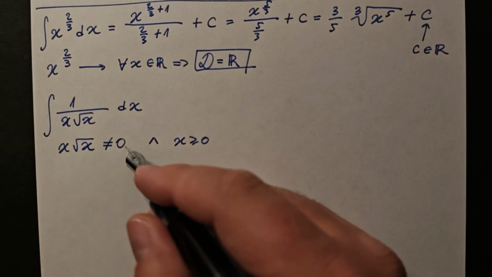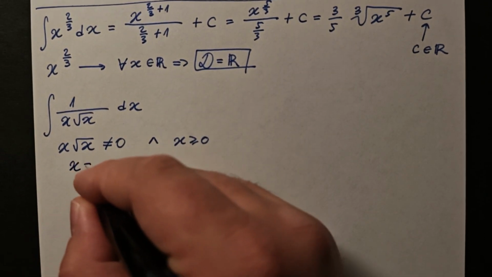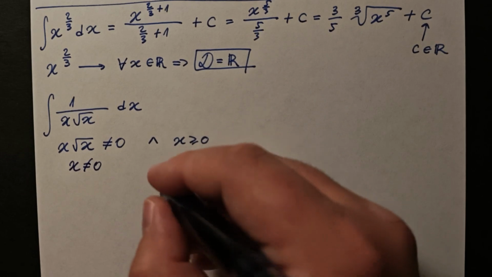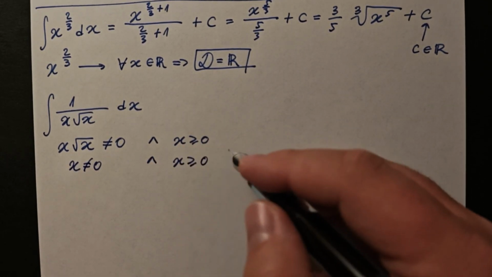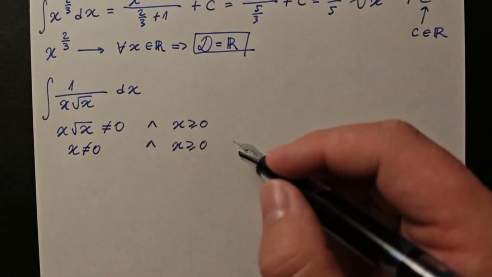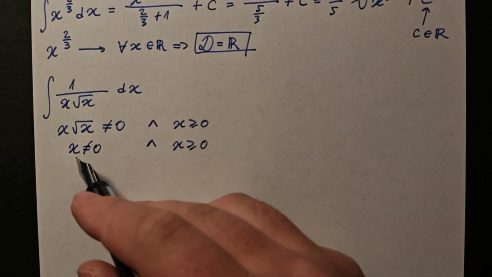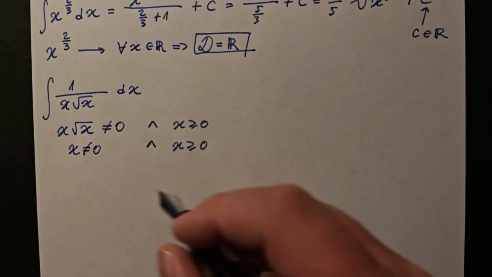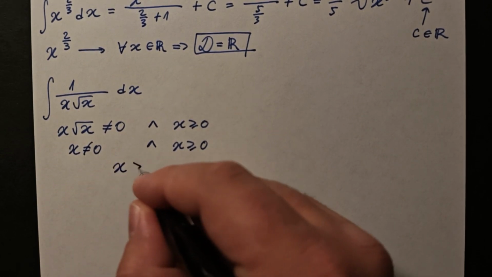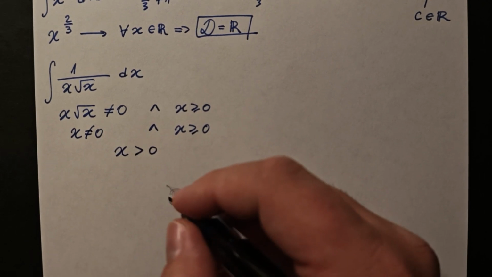So from this first condition, we can deduce that x has to be different than 0, and we have that x is larger or equal to 0 as our second condition. Basically, x is different than 0 and x is larger or equal to 0. That means that x is strictly larger than 0.